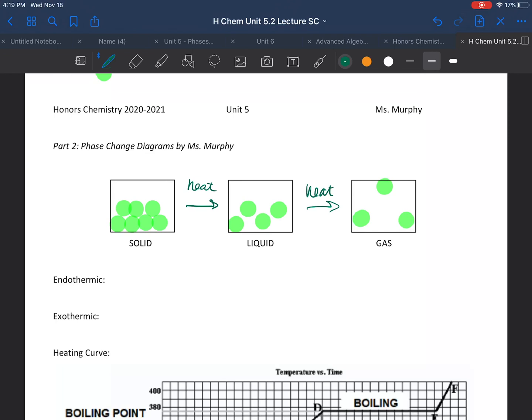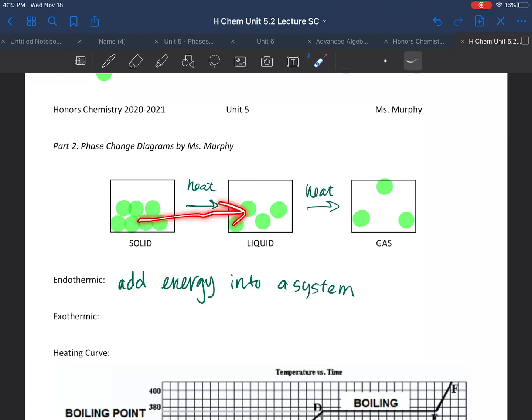That being, when you need to add energy into a system, so for example, going from solid to liquid or liquid to gas, that is considered endothermic.